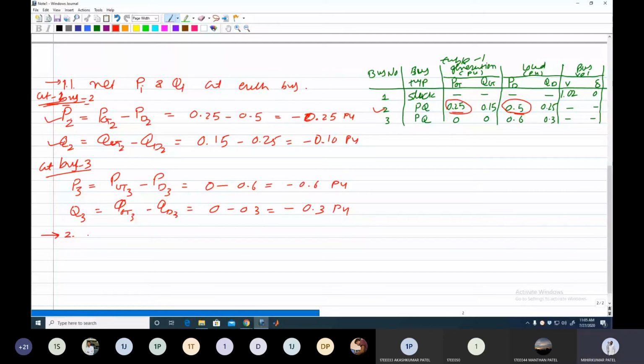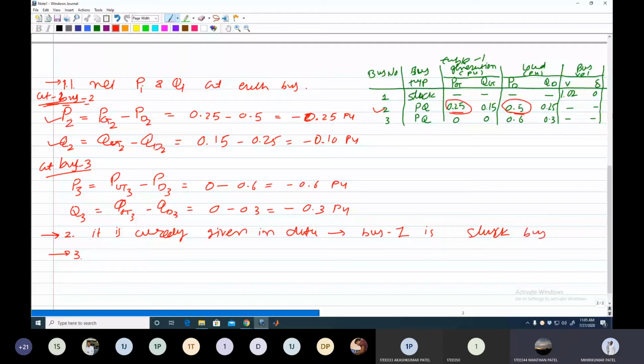Bus number 1 is your slack bus. If you wish, you can write: already given in data that bus number 1 is slack bus. Clear?